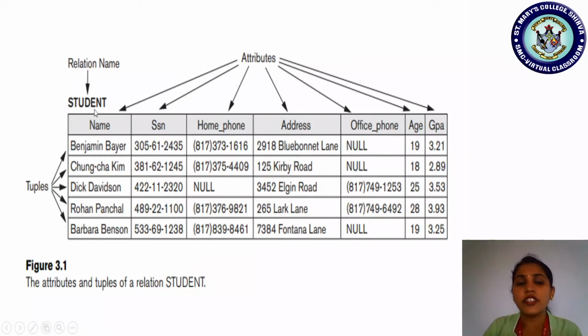Student relation tuples. Similarly, if I give the condition, select the records from the student relation where age is greater than 15, then all the records are valid to be displayed. So all the records will be selected for display.